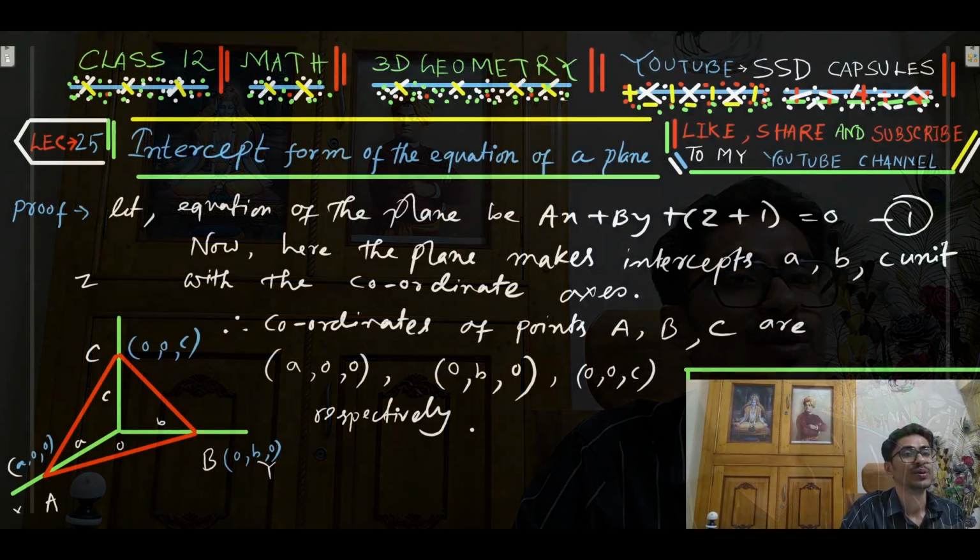Now, as these points A, B, C lie on the plane, these points will satisfy the equation of the plane. That trick we will use.